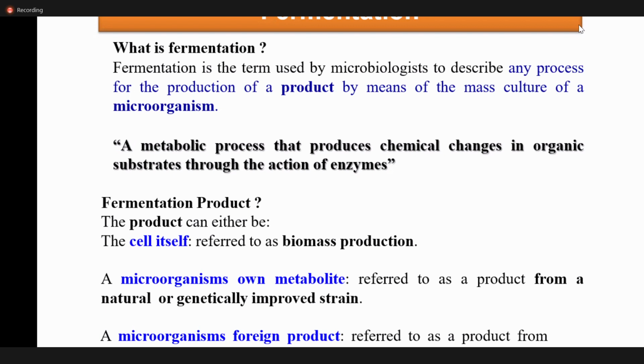In fermentation, the product can be made by the cell itself. This is referred to as biomass production.